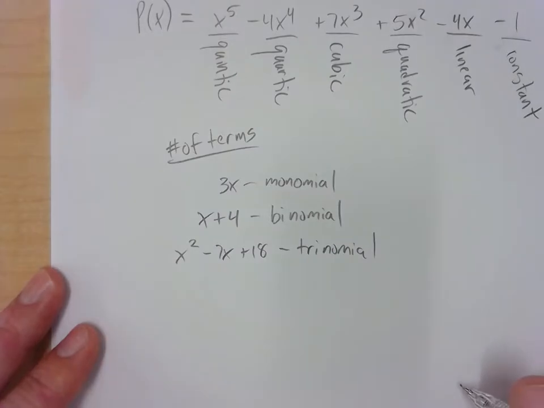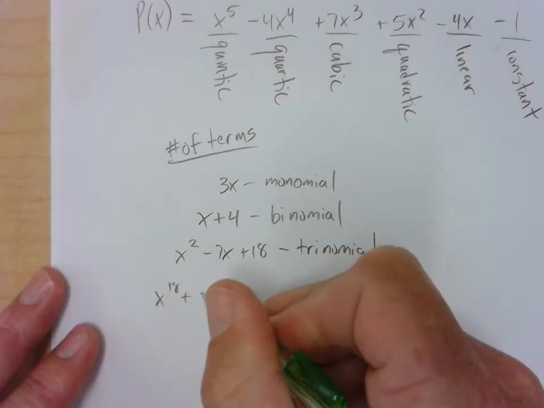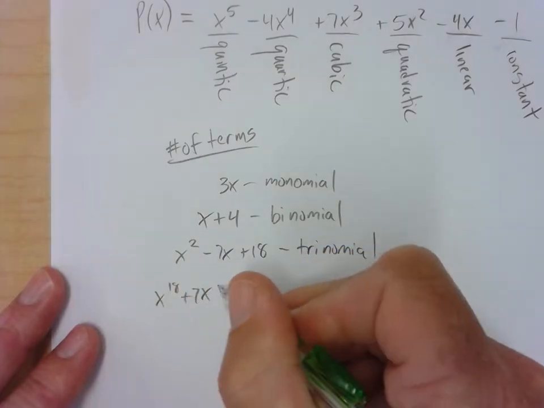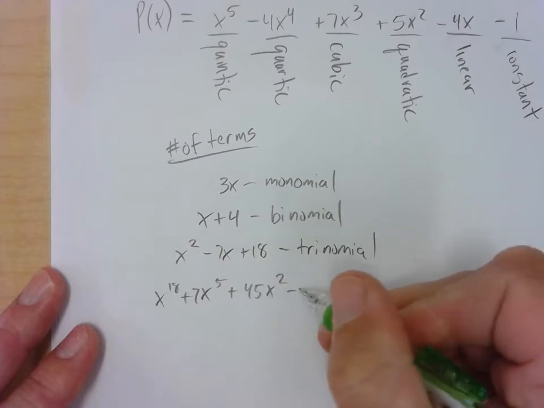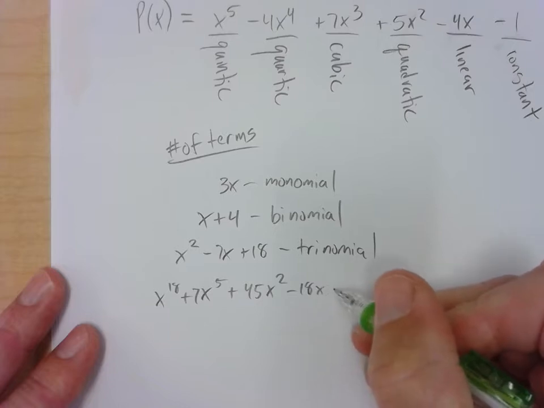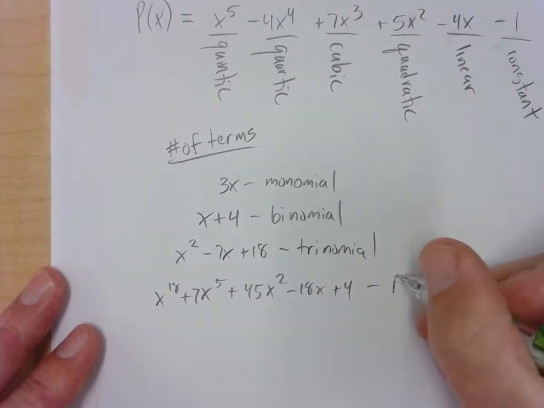And then anything past that, we just call them polynomials. So you can have x to the 18th plus 7x to the 5th plus 45x squared minus 18x plus 4. Anything like that, we would call that a polynomial.